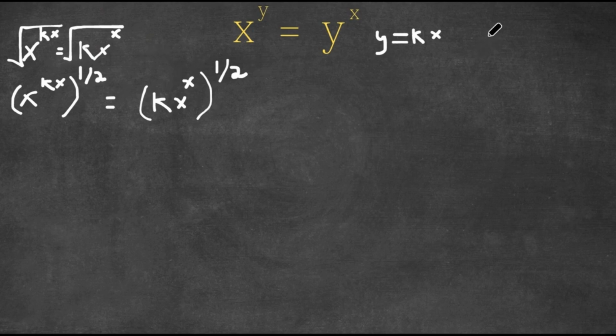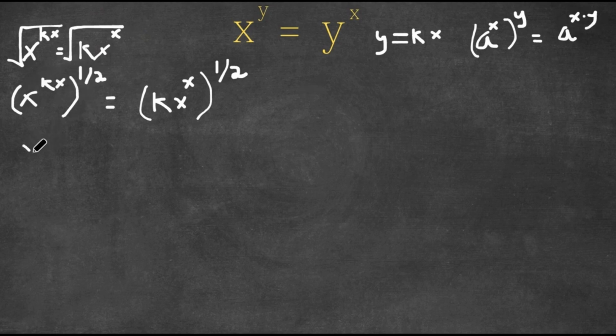Now, if we have something like a to the power of x to the power of y, this is the same thing as a to the power of x times y. So we have x to the power of kx, to the power of 1/2.